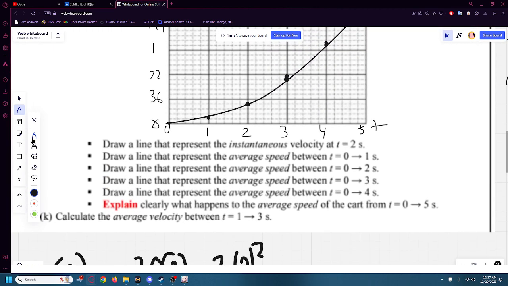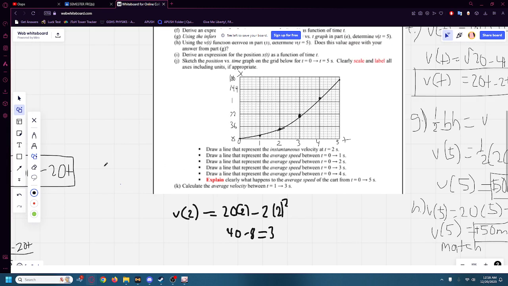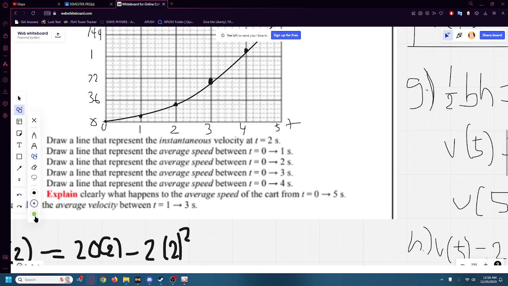And 32 should be around here. Let me change the color to a different color.